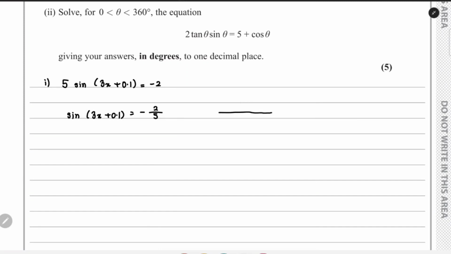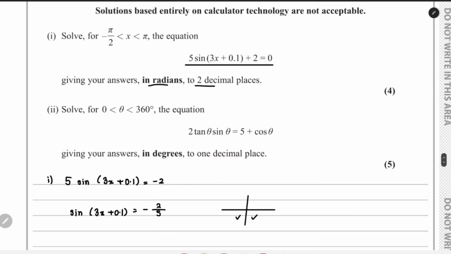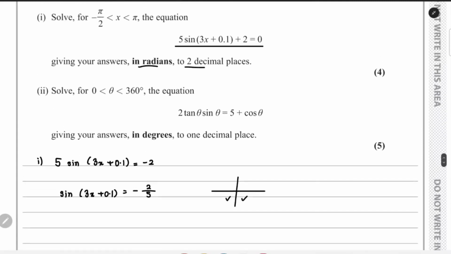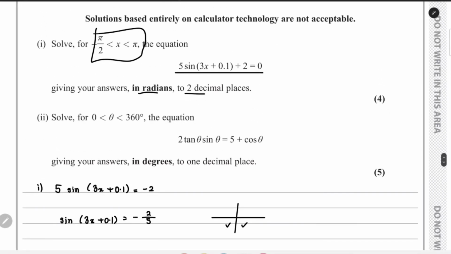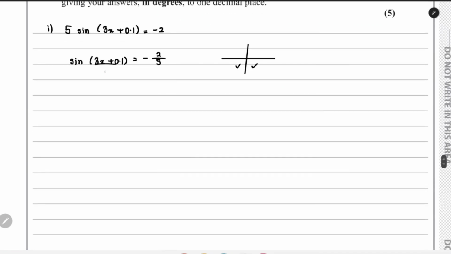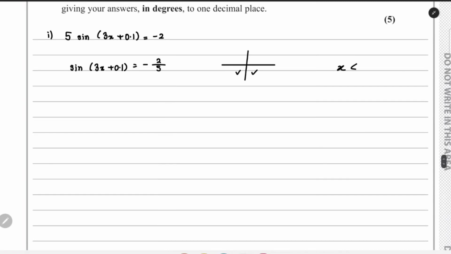Since sine is negative, the answers will be in the third and fourth quadrant where sine is negative. We have to change the range, since we are given the range for x, not for 3x plus 0.1. So for x, the range is minus pi by 2 to pi.